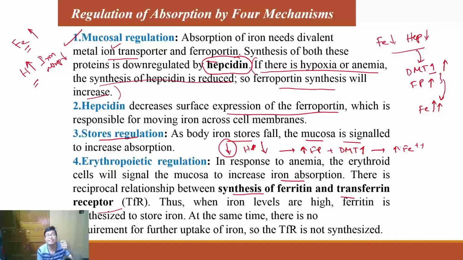Number one, there is a reciprocal regulation of hepcidin. If hepcidin increases, DMT and ferroportin will reduce. Now we are seeing two different things, ferritin and transferrin receptors. When iron levels are high, ferritin is synthesized to store iron, and there is no requirement for further uptake of iron.